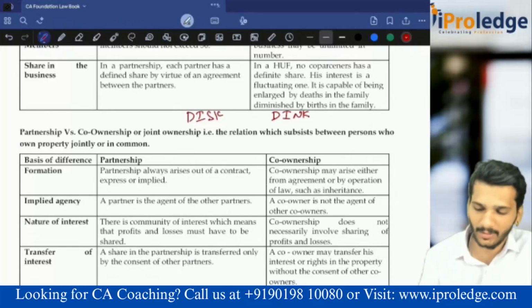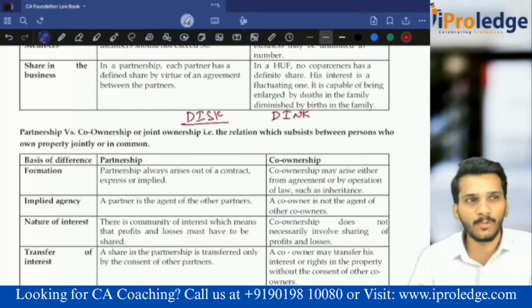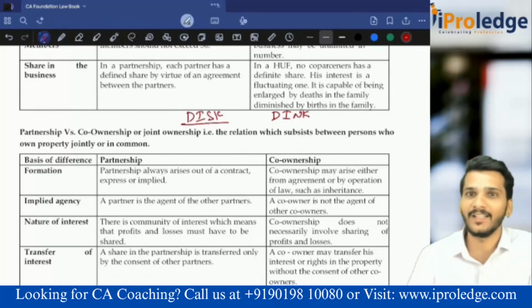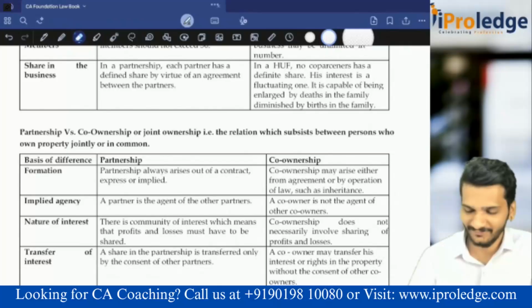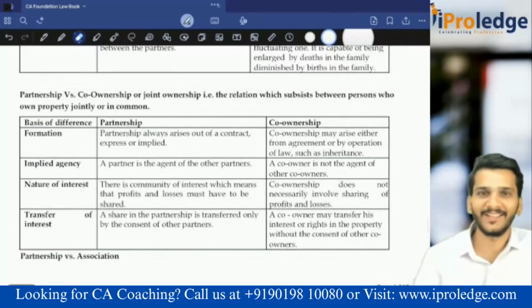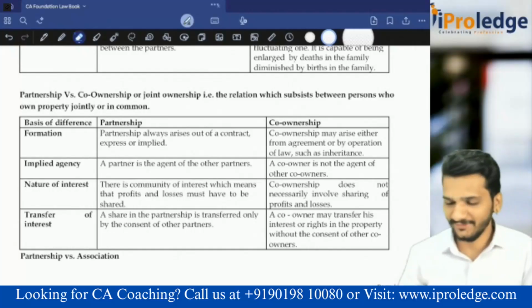DISK means double income, single kid: wife and husband both should earn, and they should have only a single kid. Then DINK, double income, no kid. Who will listen? Nobody is going to listen. It is a failed project.